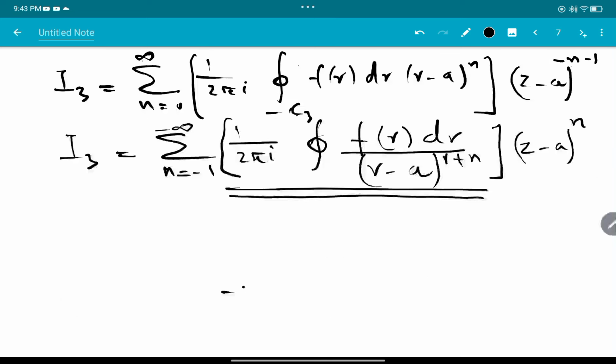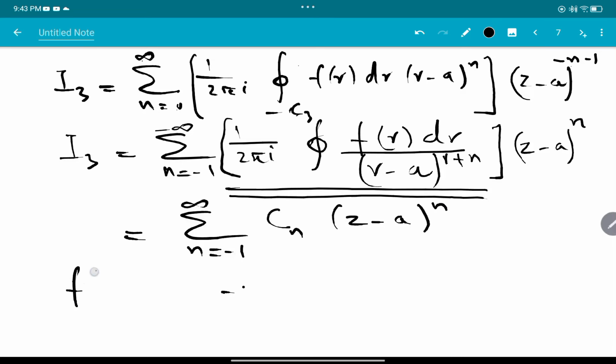Then we have this situation. We have got a simplified integral, that is n is equal to minus 1 to infinity, Cn times (z minus a) raised to n. Now we have two such expressions, one for I1 and another for I3.